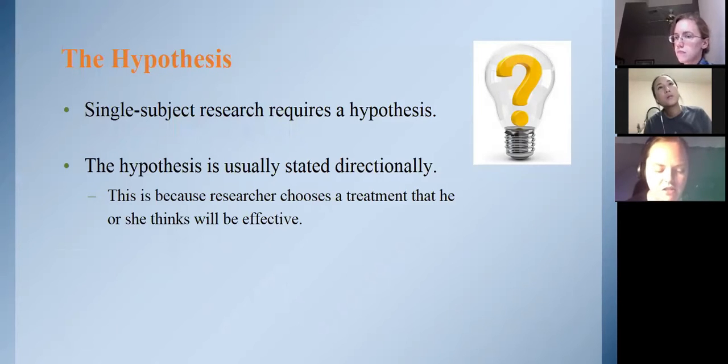According to Mills and Gay, because the emphasis is on therapeutic impact, not contribution to the research base, the researcher is most likely to choose a treatment that he or she thinks will be effective. Therefore, the hypothesis is usually stated in a positive direction.